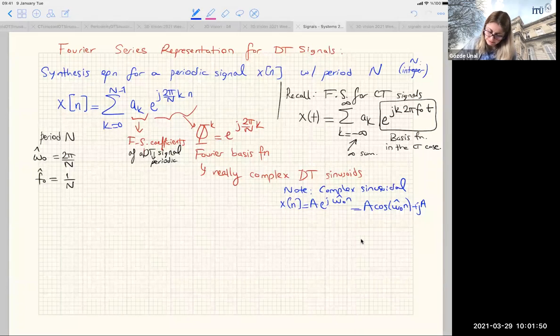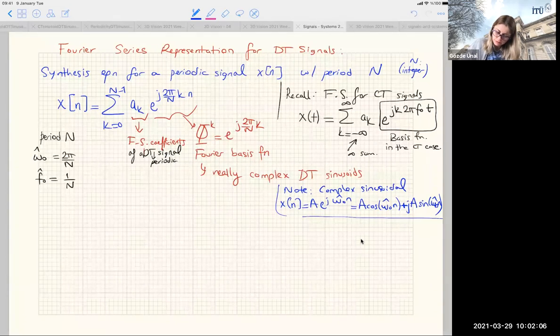Let me write it more compactly. This is then just a note. This is a complex sinusoidal discrete time, of course.